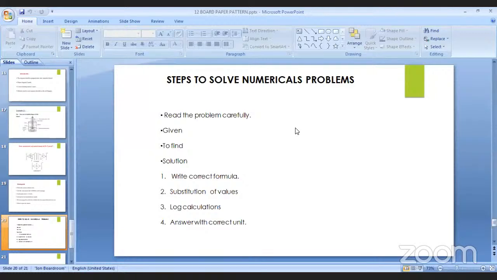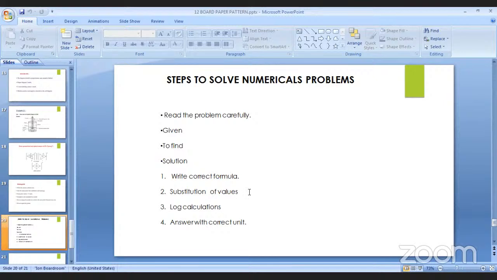So at least when you are attempting, if you don't know how to solve, or if you know the formula, at least write the formula. For writing the correct formula also, you will get marks. Then if you substitute the values, still marks will be there.